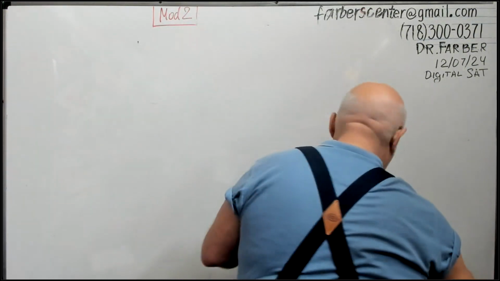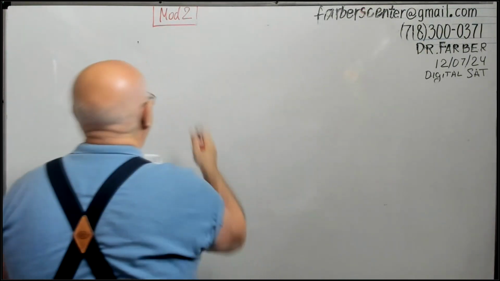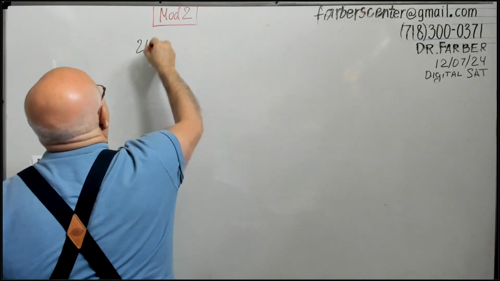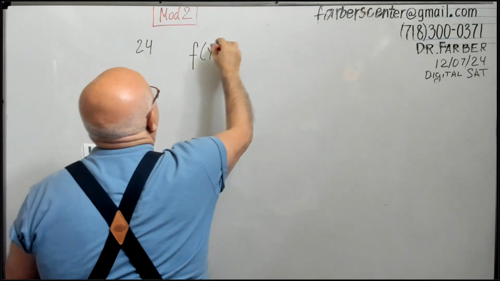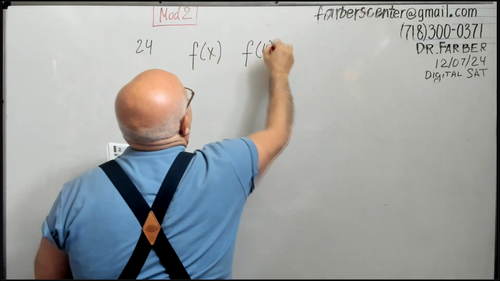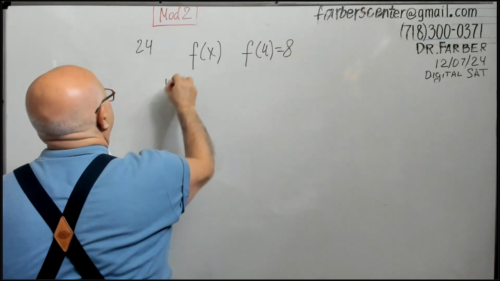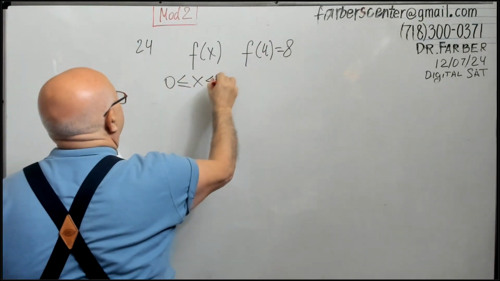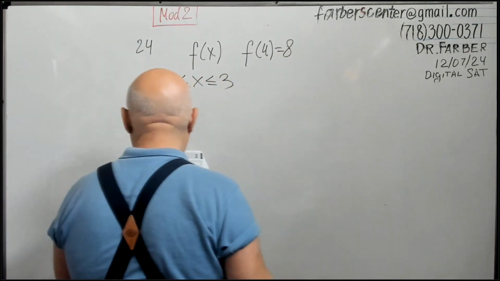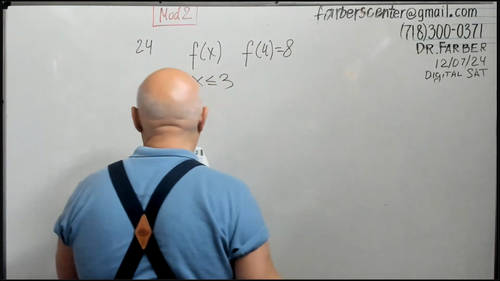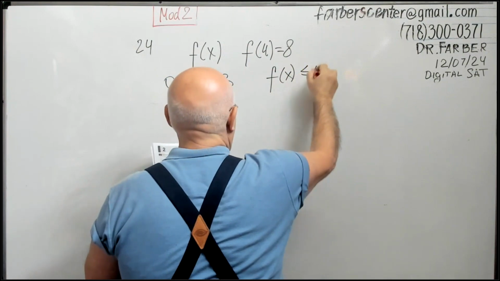In 24, they have a function f of x. f of 4 equals 8. Good, I just write what is given. 0 and 3 are the solutions of the inequality f of x is less than or equal to 0.